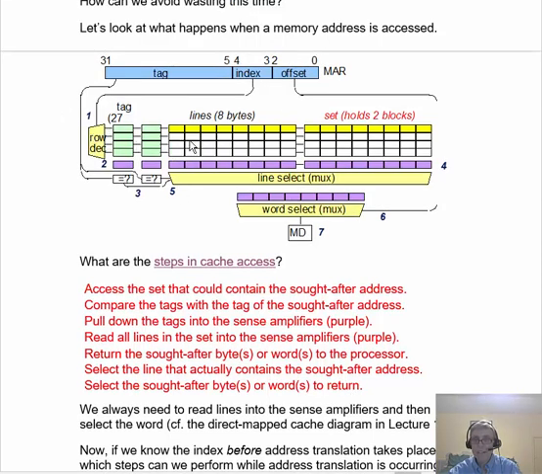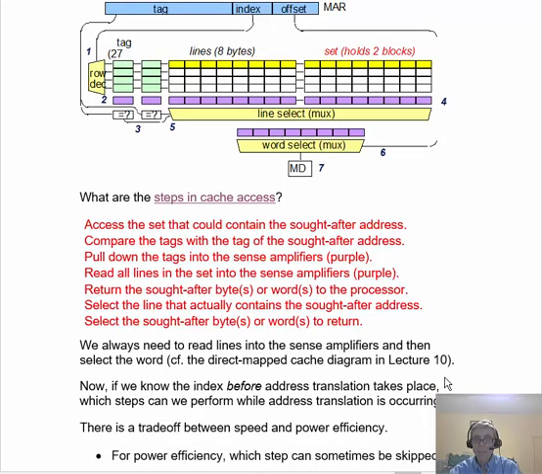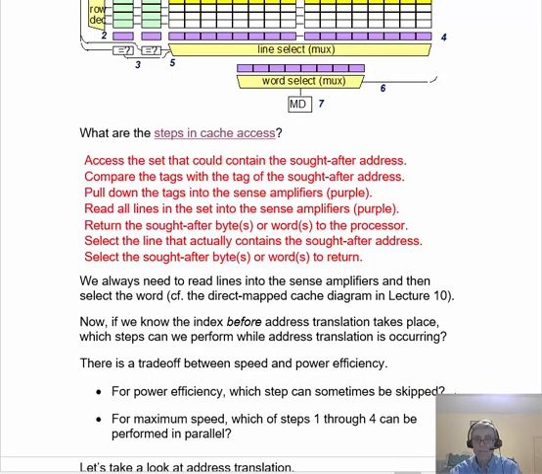We take the lines, we read them into the sense amplifiers, and then we select the word. So if we know the index before address translation takes place, we can perform some access of the cache while address translation is occurring. And this is a tradeoff between speed and power efficiency.